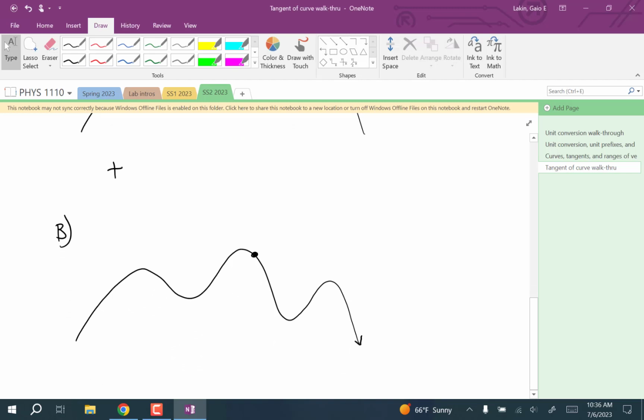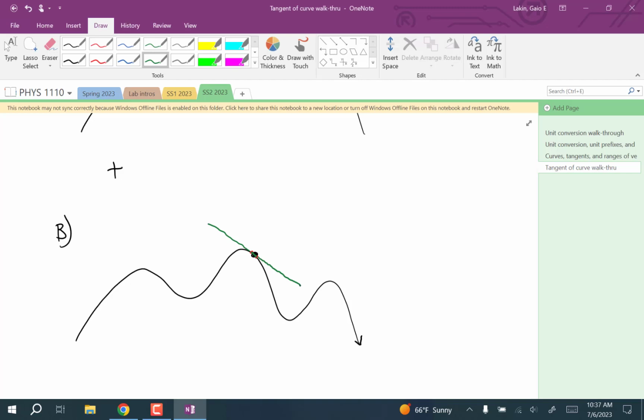Okay, so pause the video for a second and draw the tangent line to this graph. So, okay, we'll go like that. The tangent goes between those two, and you can extend it this way and that way. Okay?